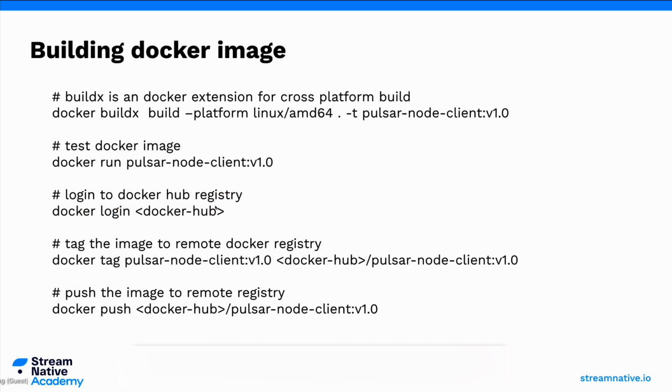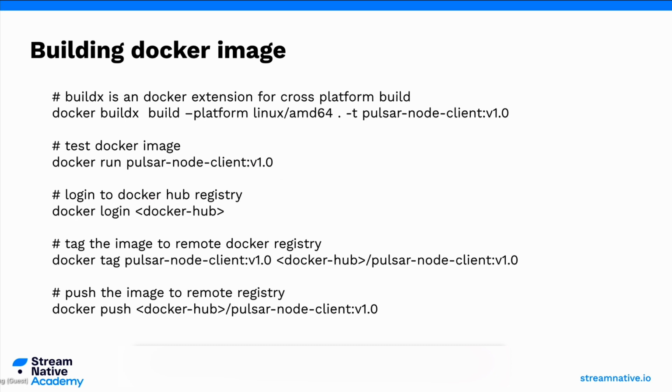This way you can build it using docker buildx, an extension for cross-platform builds. In my example, I run Docker on macOS, so if I just build, it will build a Docker image for Mac.